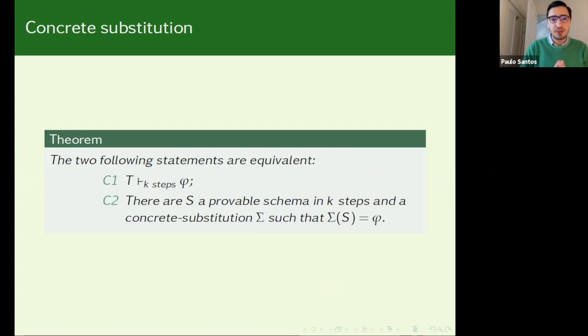So this means that to see if a formula is k-step provable in a theory is equivalent to testing if there is a provable schema in k steps and a substitution such that the formula phi can be fitted in the shape of the schema.